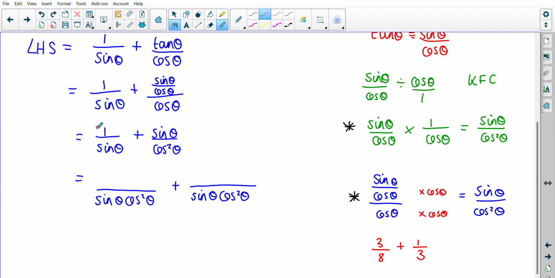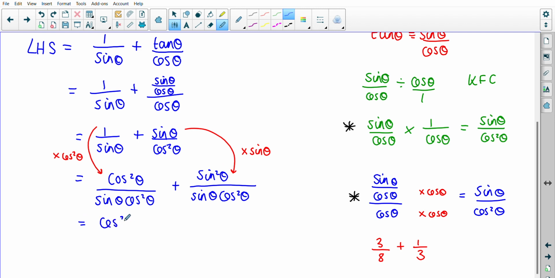So what I'm going to have to do is times the 1 by cos squared theta. On the second fraction, I've times a cos squared theta by sine theta. So I'm going to have to multiply the sine by a sine theta. Then I'm going to add the fractions now they've got the same denominator.